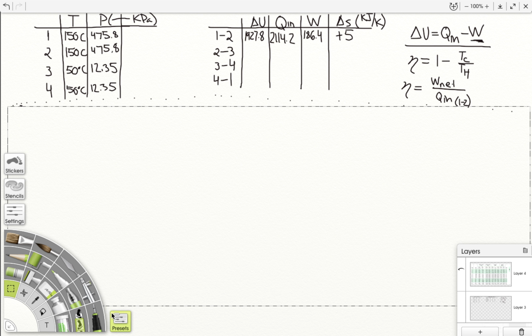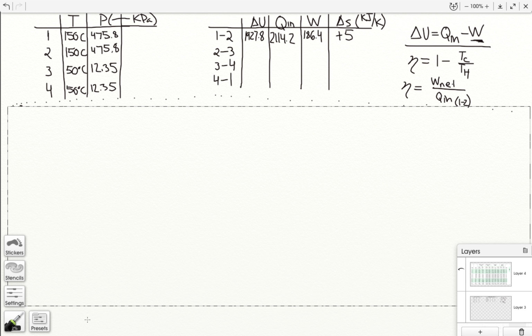Okay, so now let's do the process from 2 to 3. So this one, if you remember from your Carnot cycle, this process is isentropic, and no heat exchange.